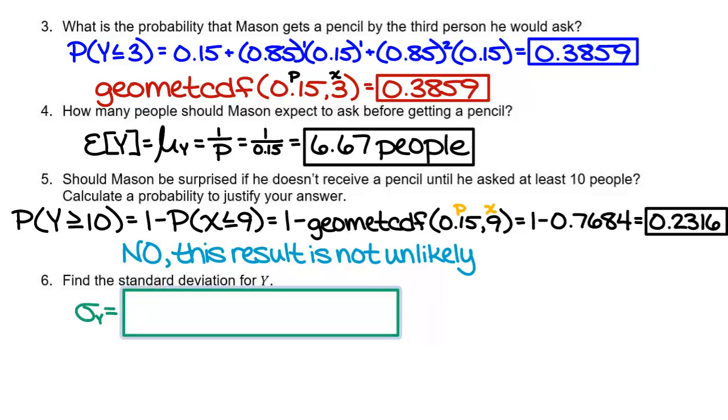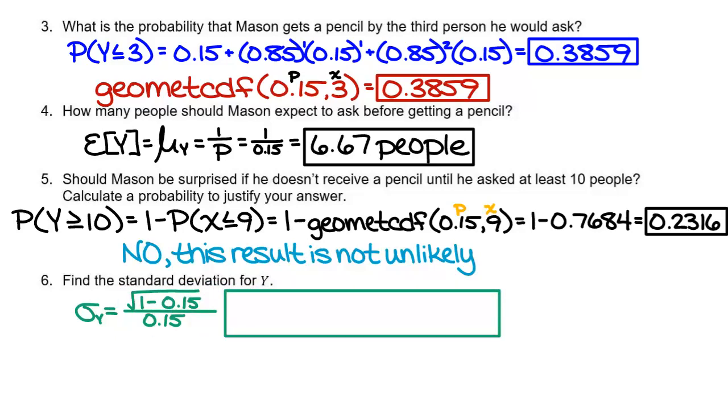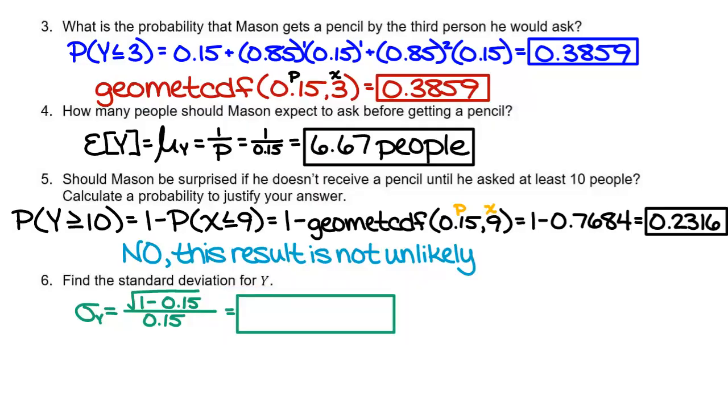Square root of 1 minus P divided by P. So square root of 1 minus 0.15 over 0.15. What'd you get? 6.1 something something. I rounded it to 6.15.